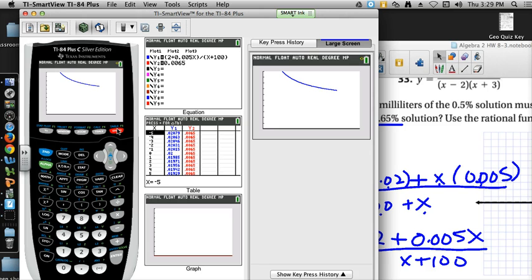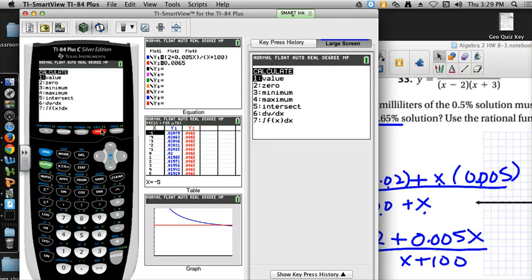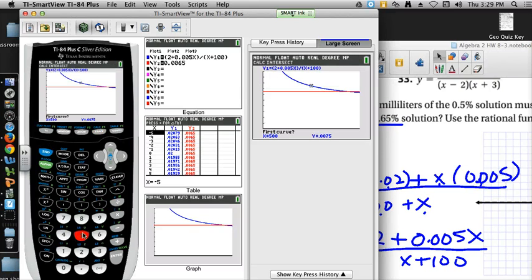So there's the graph of what's happening to the solution. And it's a good thing that I put 1,000 in there, because we can see the intersection is in the right portion of the graph. So second trace, number 5, get Blinky in there. And again, I'd like Blinky to have an easier time of it. But especially with the graphing calculator on the screen here, I think I'm just going to call it right there.